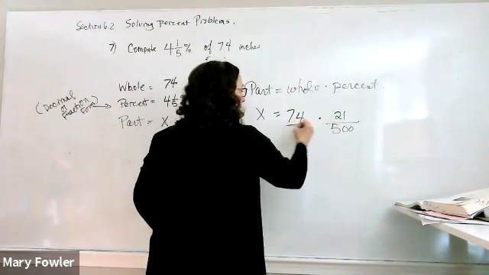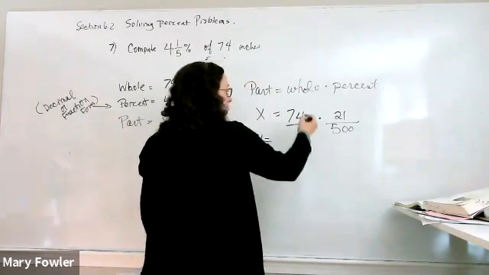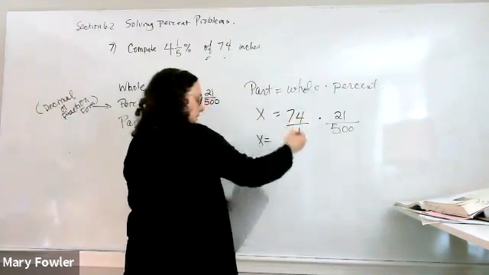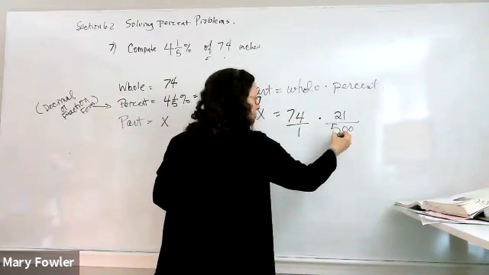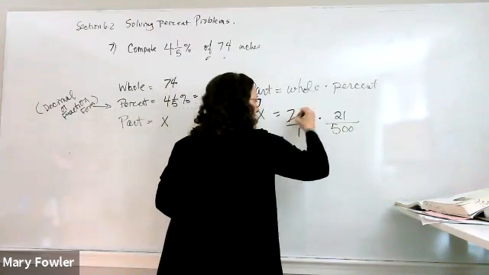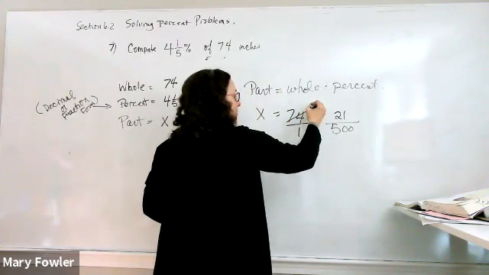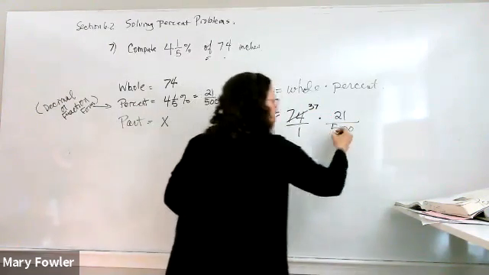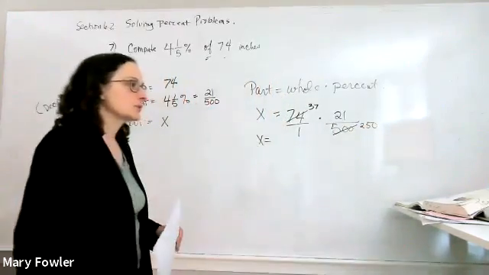So we want to do now fraction in fraction form. So we want to do this fraction multiplication. So we're going to find common factors here, and I see that 74 is even and 500 is even. And so let's just go ahead and take 2 out of 74, so that would be 37. And 2 goes into 500 250 times.